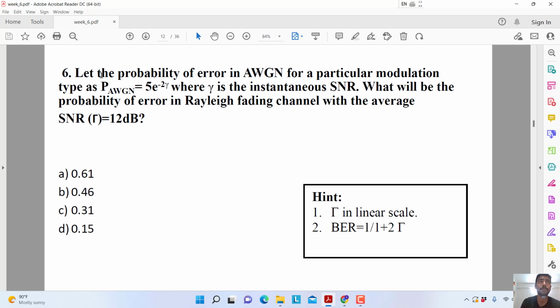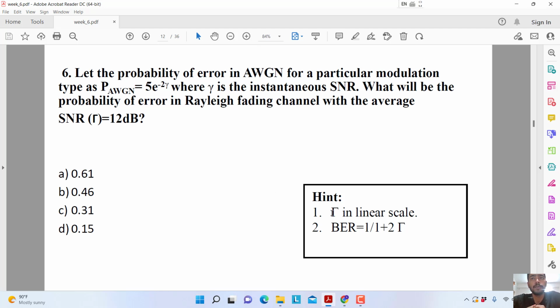Again I am repeating this question. Let the probability of error in AWGN for a particular modulation type be 0.5 e to the power minus 2 gamma, where gamma is the instantaneous SNR. What will be the probability of error in a Rayleigh fading channel with the average SNR? The average SNR is given as a hint.